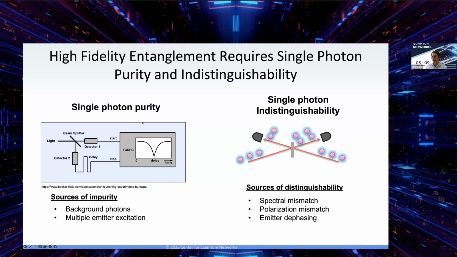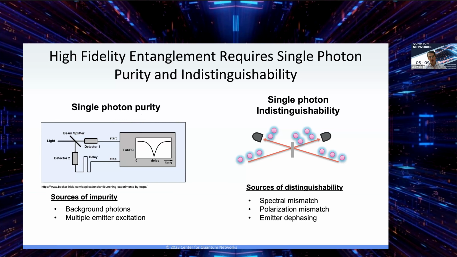Purity basically means that it really only emits one photon at a time. Hong-Ou-Mandel interference doesn't work very well for random photon number distributions. And so the key here is that we have a really good single photon source.